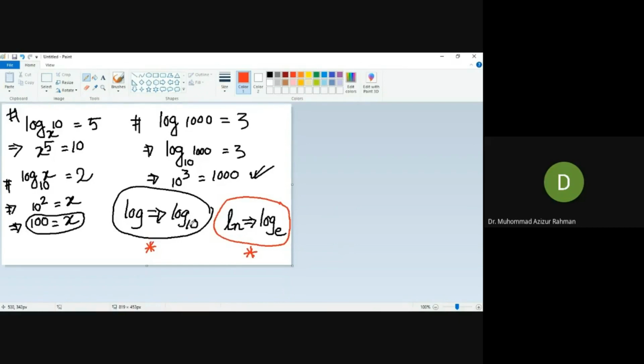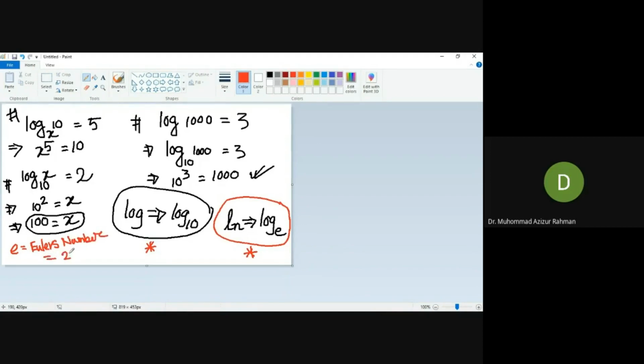E is Euler's number, which has a value of 2.71828.